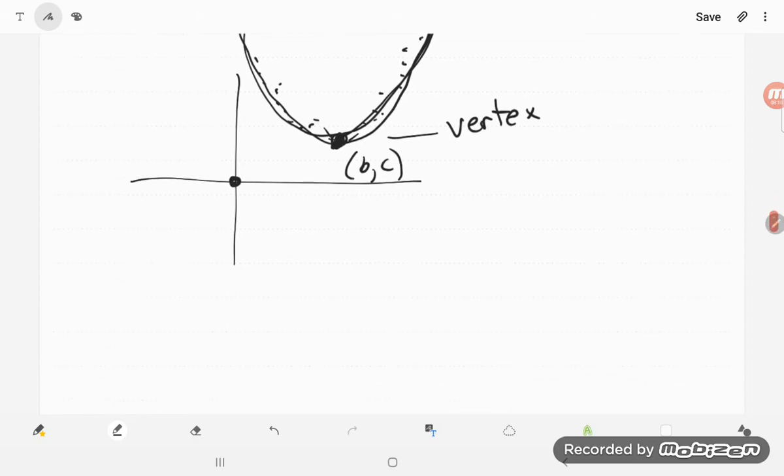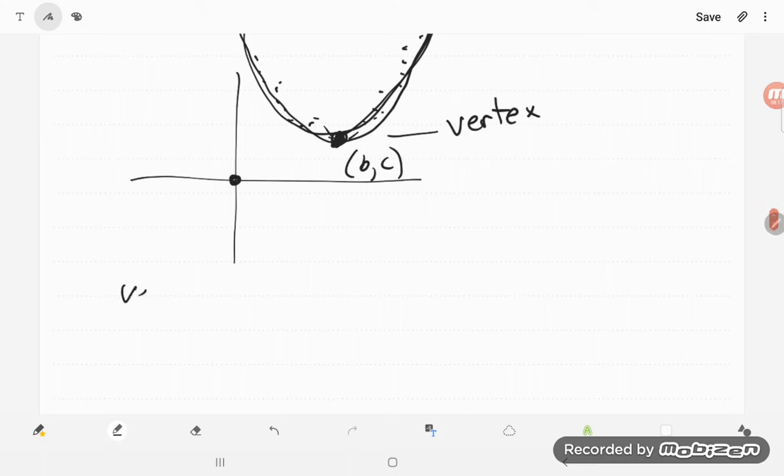Well, so the vertex form, where it's easiest to do this, is that we would write y equals a times (x minus b) squared plus c.